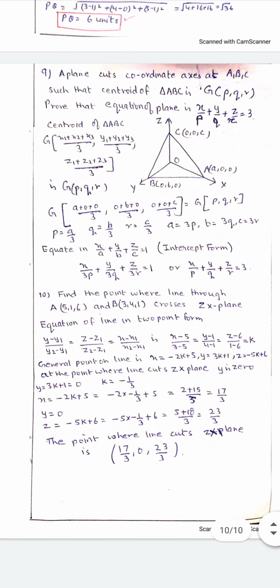If k is minus 1 upon 3, we put minus 1 upon 3 in x, y and z. We get x is 17 by 3, y is 0, z is 23 by 3. So this is the point at which this line will cut the zx plane.